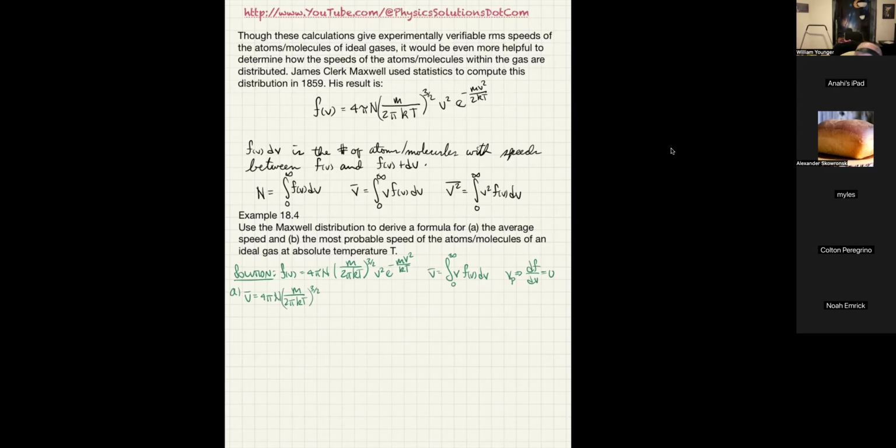Notice I just pulled all that out in front of the integral. Now I'm integrating from 0 to infinity of v cubed, because it already had a v squared in it, so now it's v cubed times e to the negative m v squared over 2kT dv. Now, what I'm going to use is the integral, and I'll write it in different terms, with different symbols.